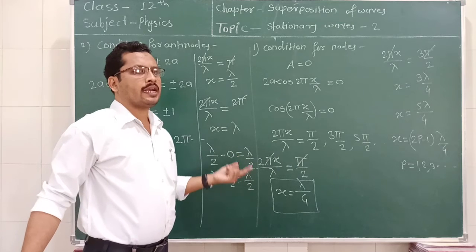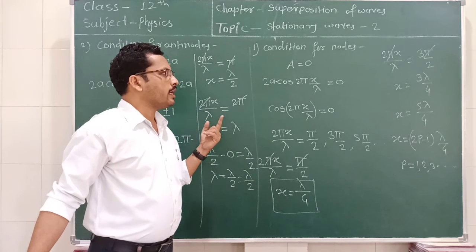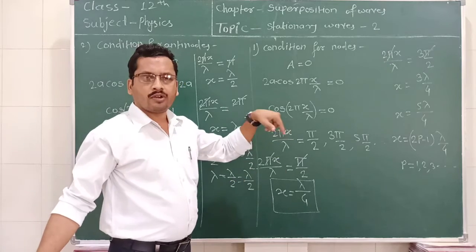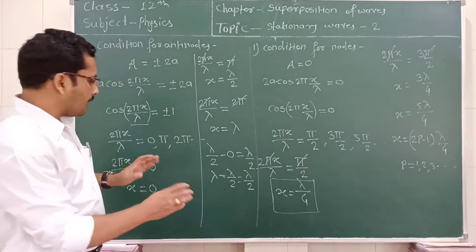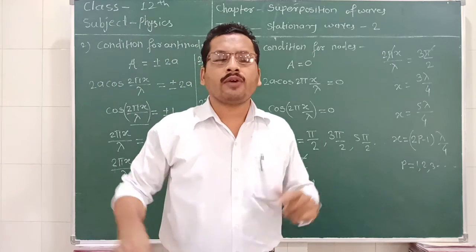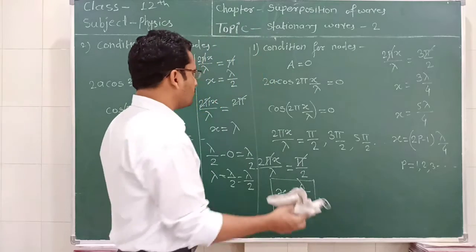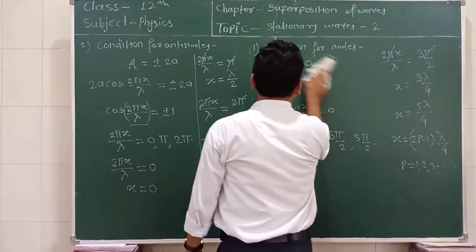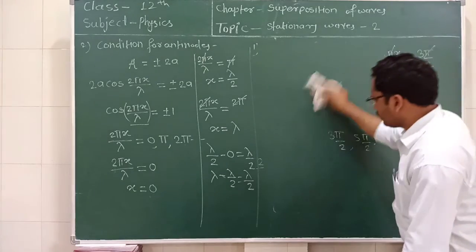Therefore, we can say that nodes and antinodes are equally spaced. Now, we calculated the distance between two successive nodes and two successive antinodes. And what is the distance between one node and one antinode? What is the distance between one node and one antinode?